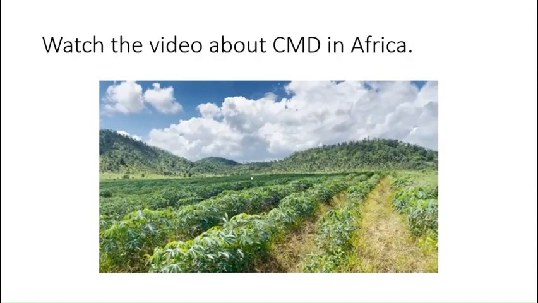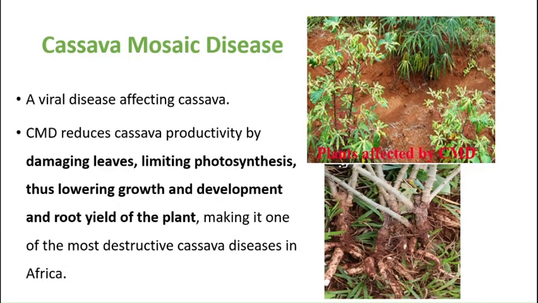Such an informative video. Now, cassava mosaic disease, as we've already seen from the video, is a viral disease affecting cassava. And because of the disease, the productivity of the plant reduces seriously. Why?